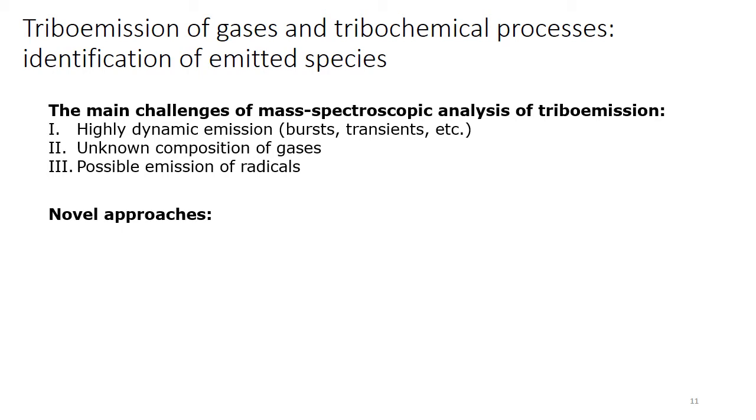Another problem is that the composition of gases is unknown, so it is difficult to assign the ions in the spectrum to certain molecules if you do not know the exact composition. Since many molecules can give the same ions, you need to analyze the mass spectrum as a whole, and not just select one channel and assign it to a certain molecule. Another serious problem is that when you subject the material to rubbing, you can also produce radicals, and radicals can modify the mass spectrum.